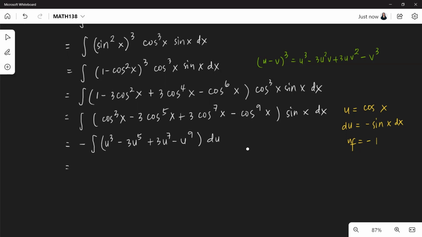We have u to the power of 4 over 4, minus 3 u to the power of 6 over 6, plus 3 u to the power of 8 over 8, and then minus u to the power of 10 over 10, then plus c. That should be enclosed with parentheses, by the way.